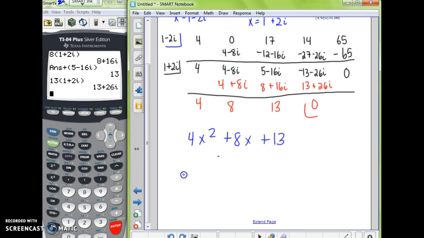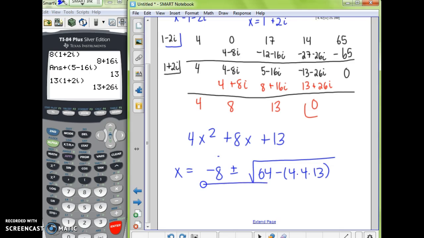So I'm going to use the quadratic formula. X is going to be equal to negative 8 plus or minus, let's see here, 64 minus the quantity 4 times 13, all over 8.